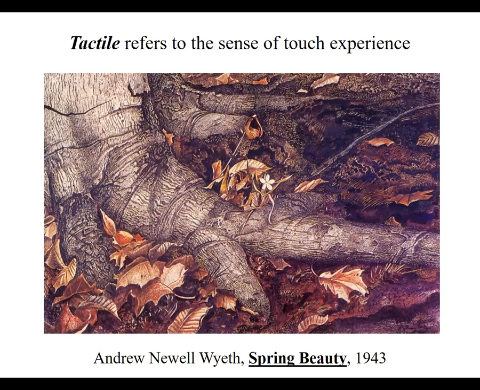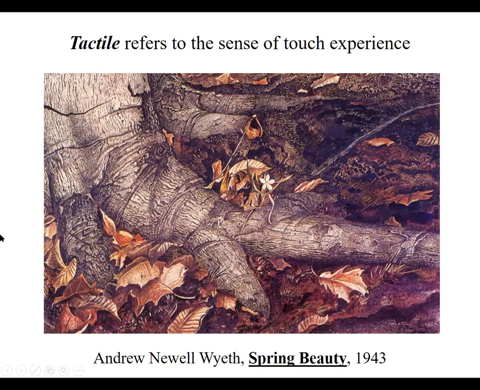This painting by Andrew Wyeth from 1943, although it isn't a super realistic painting, can still evoke a completely different sense of texture than that bowl of fruit did in the previous slide.